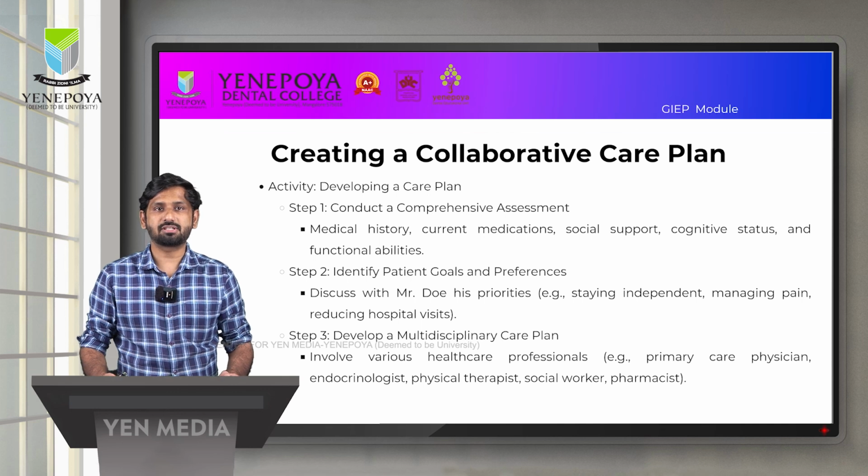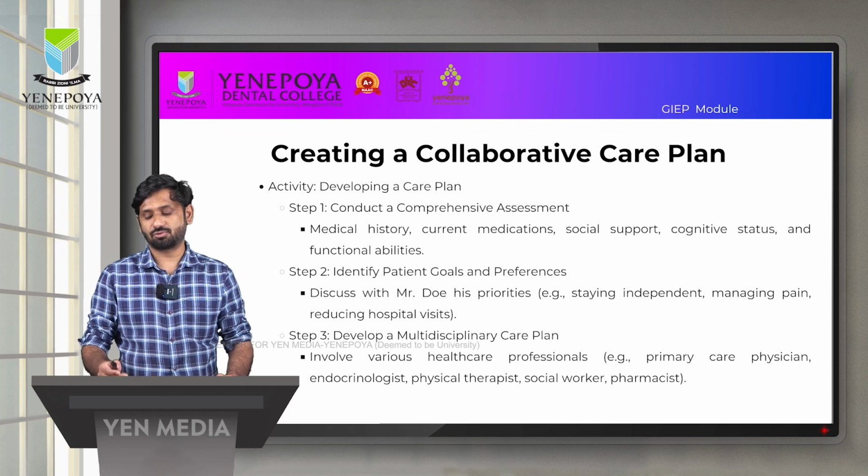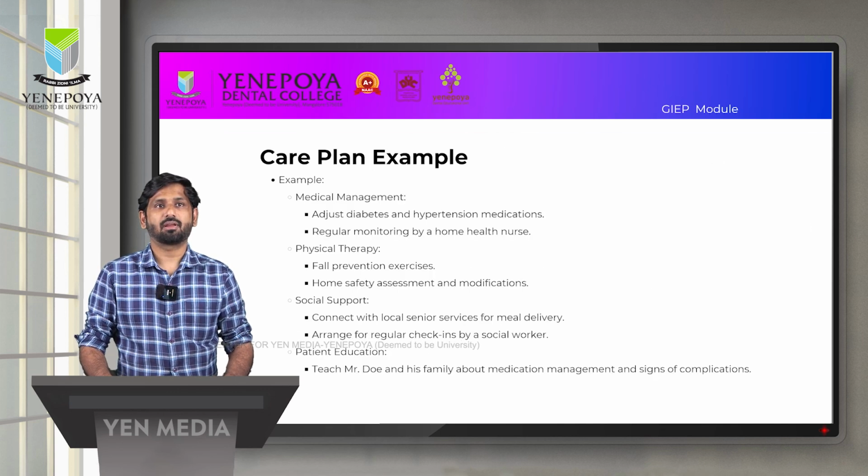You can use this example in your module as I go through in your sessions, and some exercises will be given to all of you to answer these questions. The care plan, here I have given a simple care plan according to me. You can discuss the various variations as well.